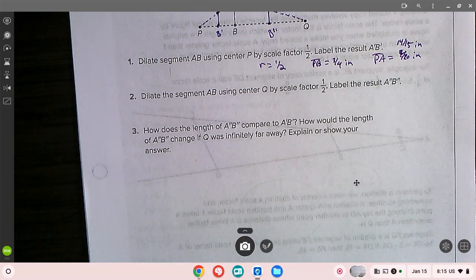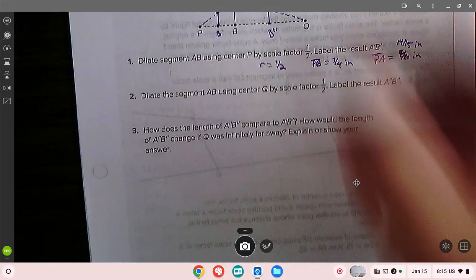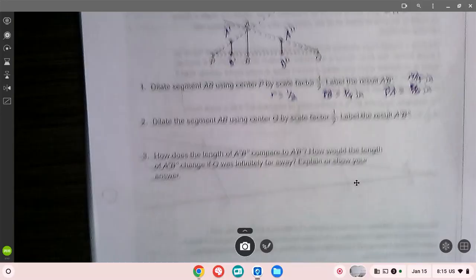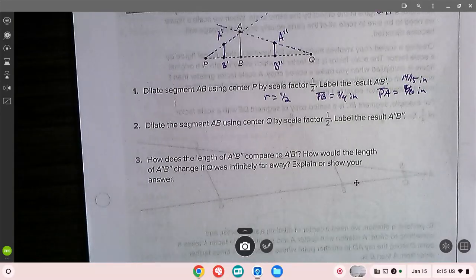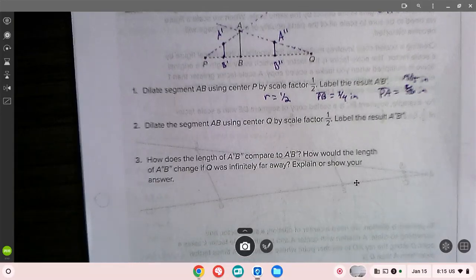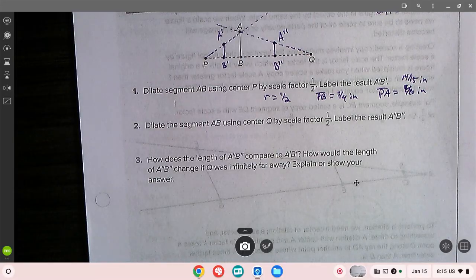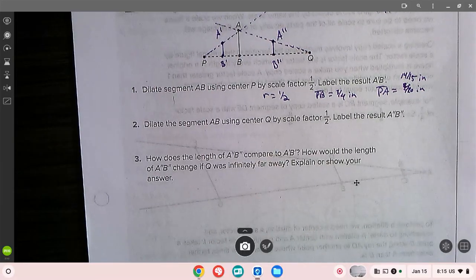Okay, so we see that no matter how far away our Q is, our distance in between is always going to give us half of our original, or our scale factor times our original distance. Explain or show your answer.